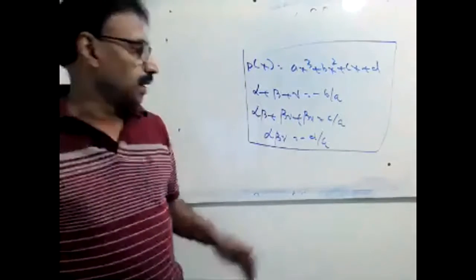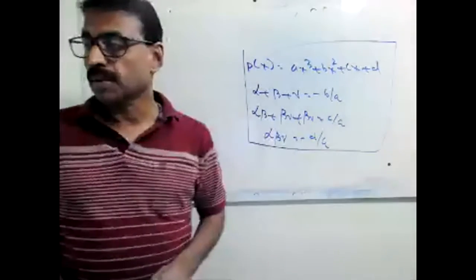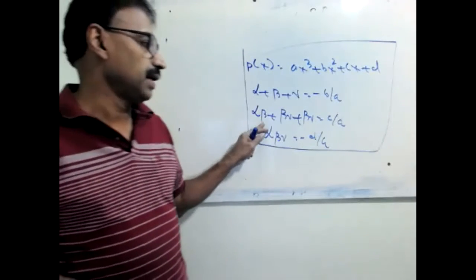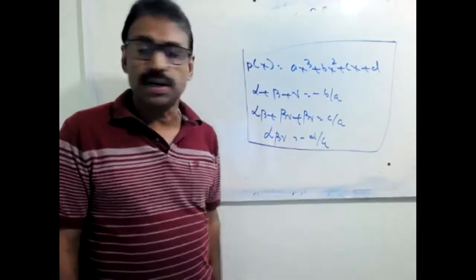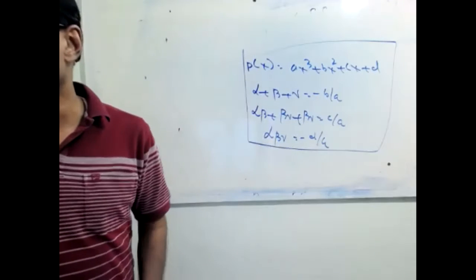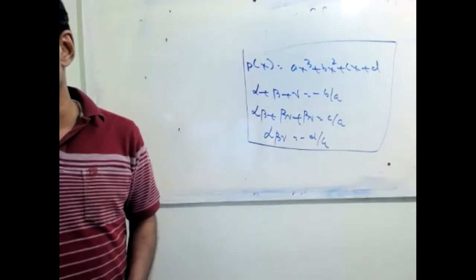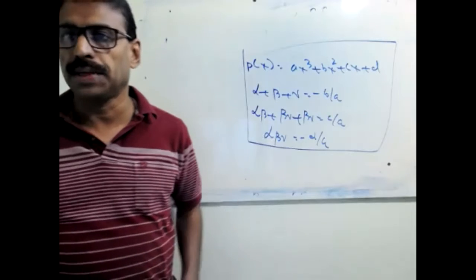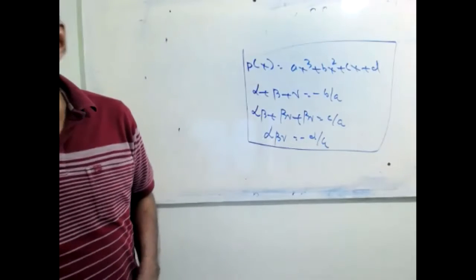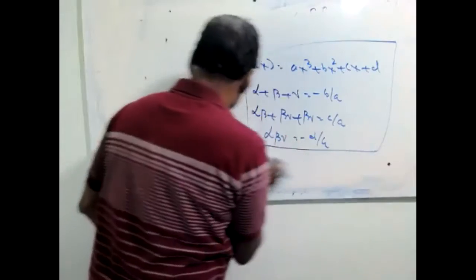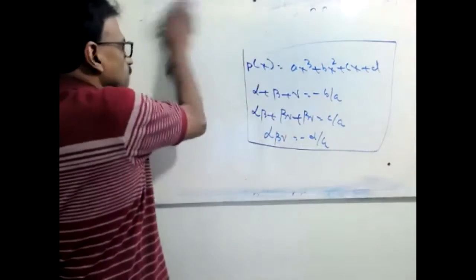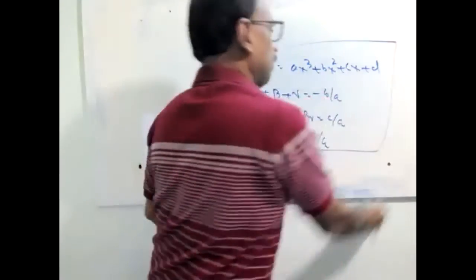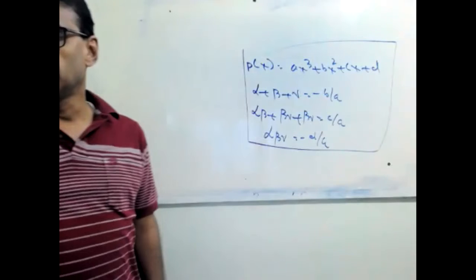Then alpha beta gamma equals minus d by a.